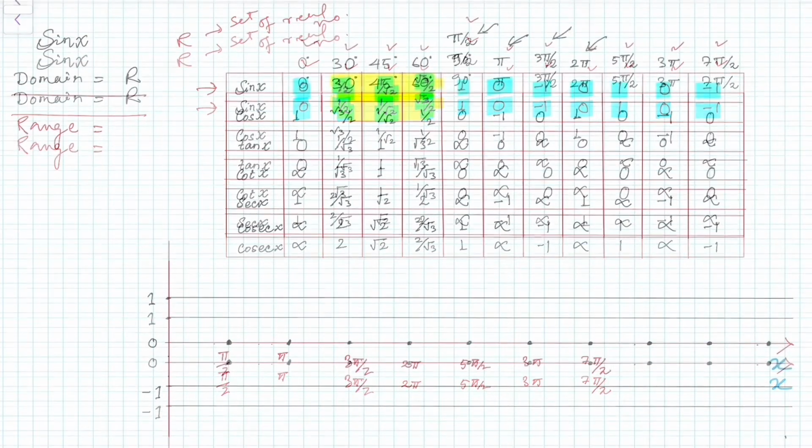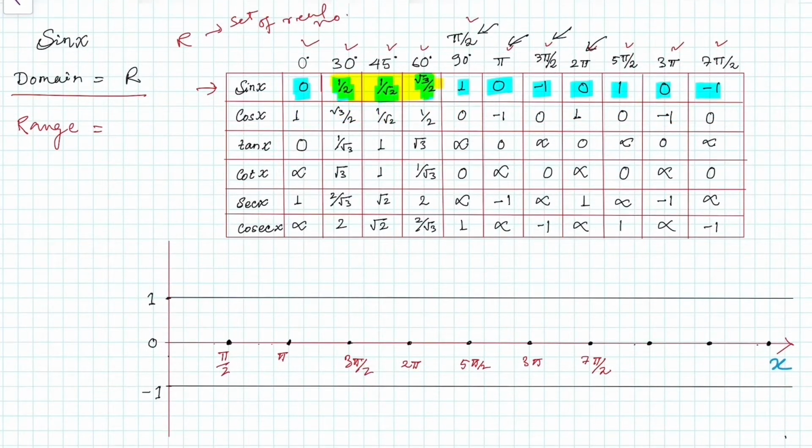And again, if you observe the values of sine x, at pi by 2, that means at 90 degrees, its value is plus 1. Then again we are getting the same value at 5 pi by 2.